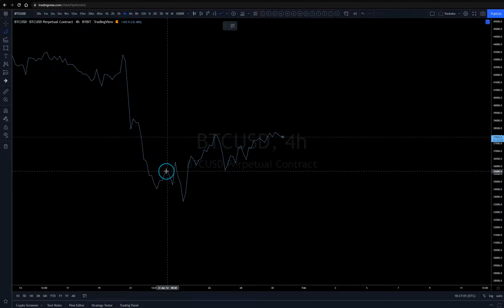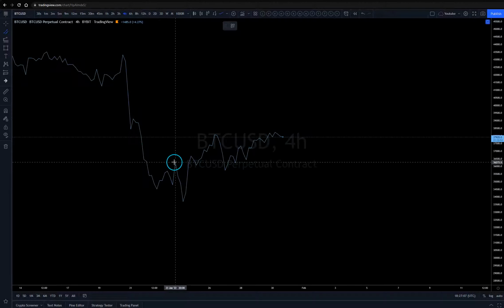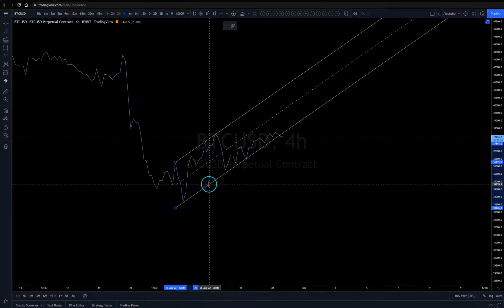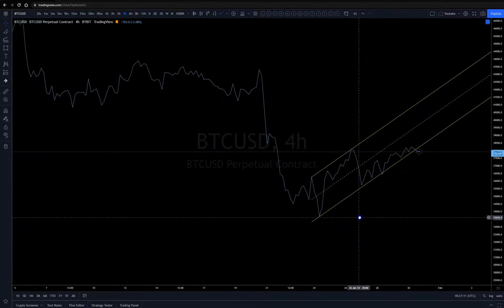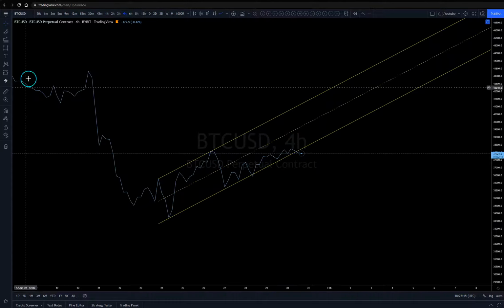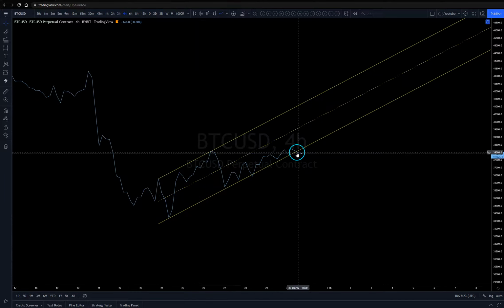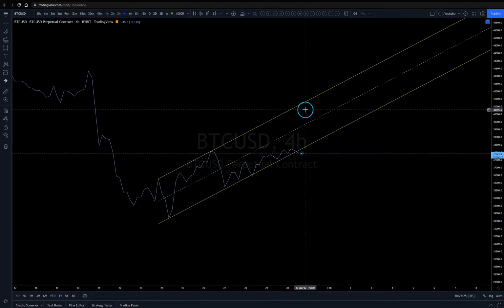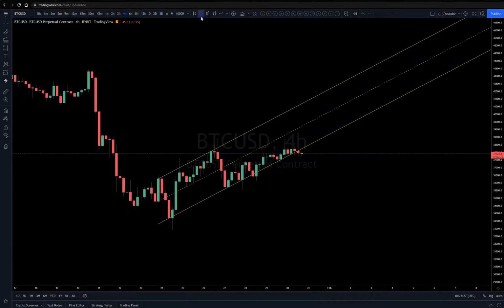So if I select from this high to this point over here to this low, this could be a nice channel, and it could currently be in a potential area of a low, right? Or out of the channel if we are going to move up. So we have to look at it from that point of view.